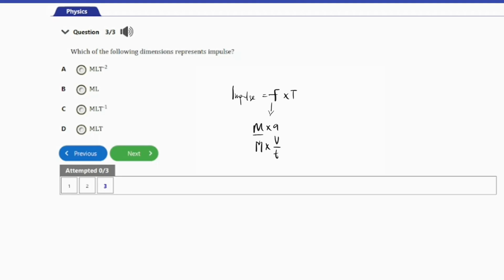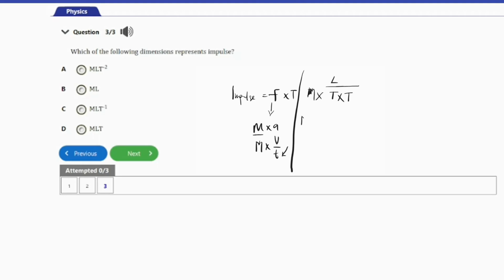So in that case, we are simply going to get the formula for velocity. So let's put down our mass times, the formula for velocity is distance over time. Now distance has no formula, so we have the dimension for distance as L, then over the time. So this is distance over time, and then times this other t here.